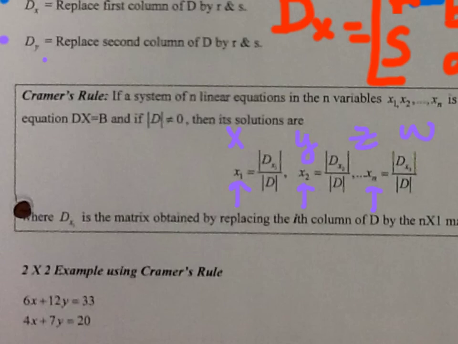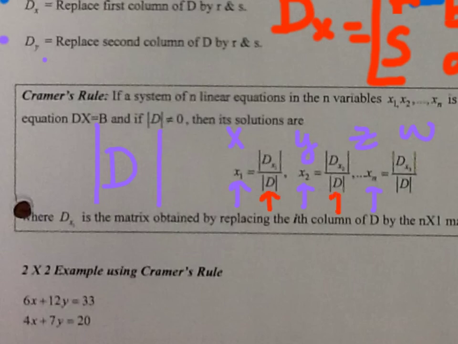So what we need to do, in the short sense, is we need to find the determinant. These bars, when you see these big bars like that around D, that means find the determinant of the coefficient matrix. So it's not absolute value, it's determinant in this case. I know it's confusing. So if I want to find X again, I want to find the determinant of my coefficient matrix. That's going to go on the bottom. See this right here?